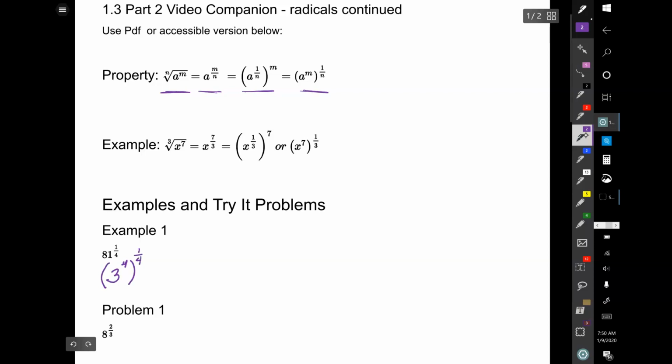And using our exponent laws, we multiply when we have a power to a power. So we would have 3 to the 4 over 1, basically, times 1/4, and that exponent then reduces to just be 1. So we would have 3 as our final answer on that one.